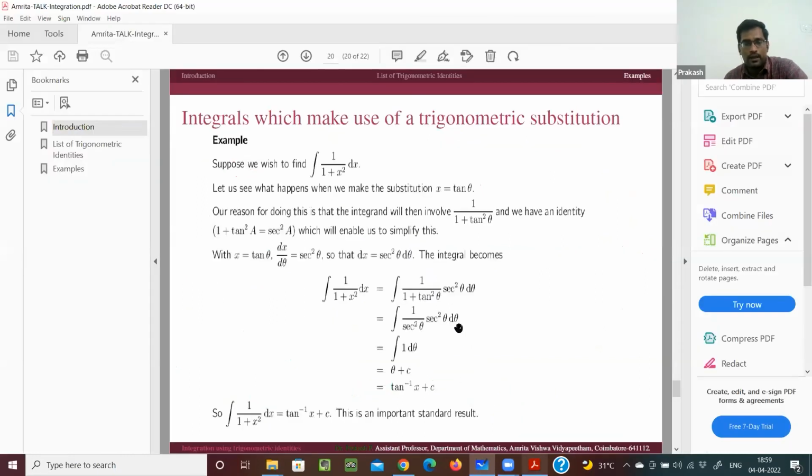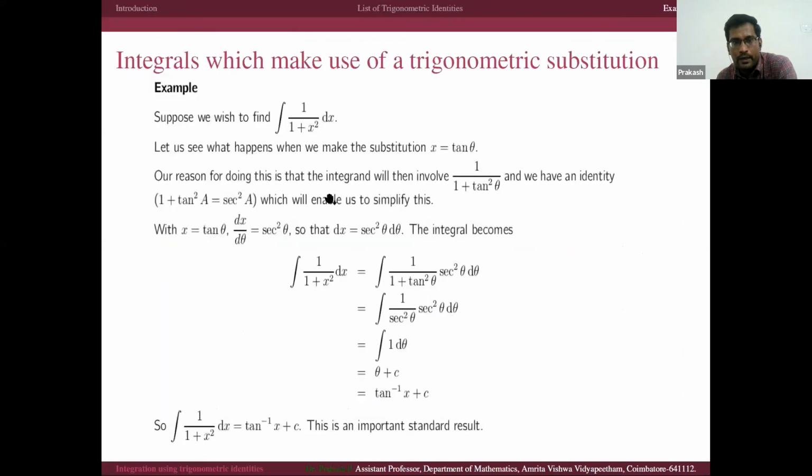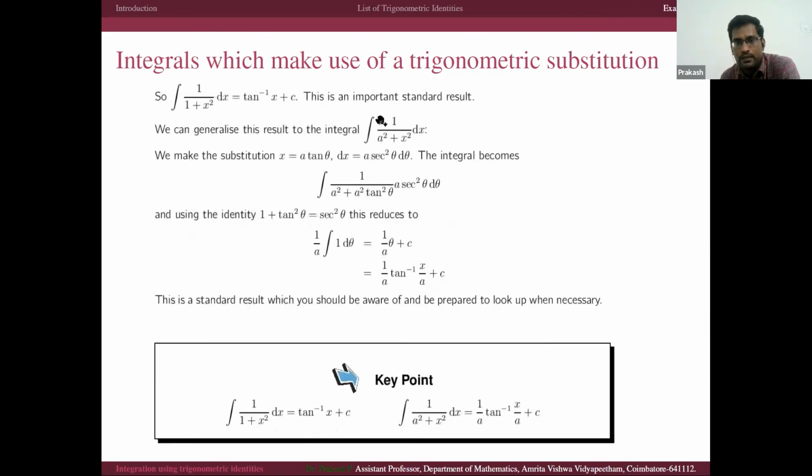So that is what is given here, you see. This I already explained: integrals which make use of the trigonometry substitution. So x equal to tan theta, and here we are just substituting and rewriting how we get these terms, and additionally the integral of 1 by a square plus x square.